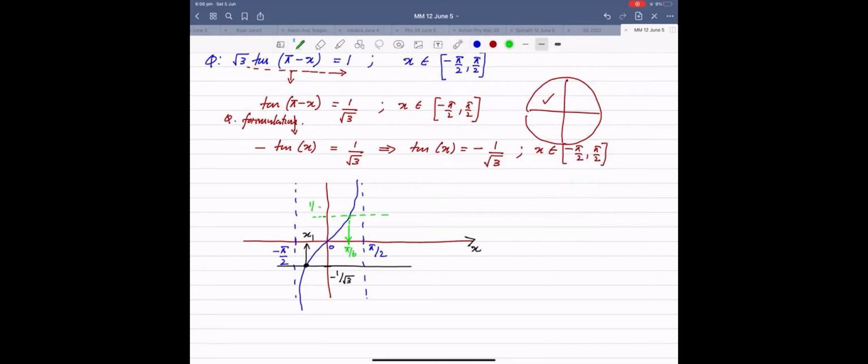Because from the table, tan pi divided by 6 is equal to 1 divided by square root 3. That is a fact. So this distance is equal to this distance. So we conclude that x1 is minus pi divided by 6. You can see that in the minus sign. Okay, that's the answer.